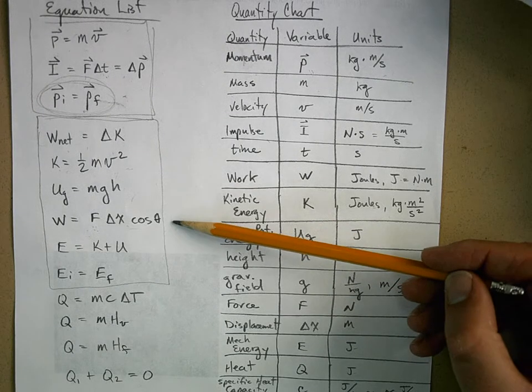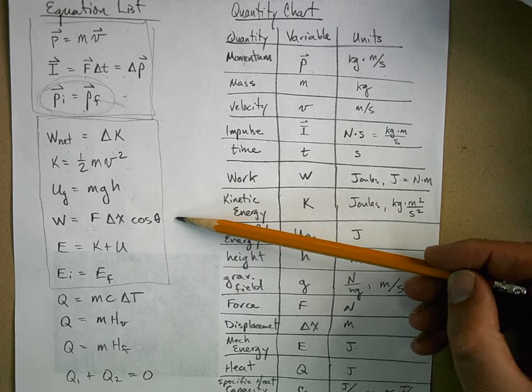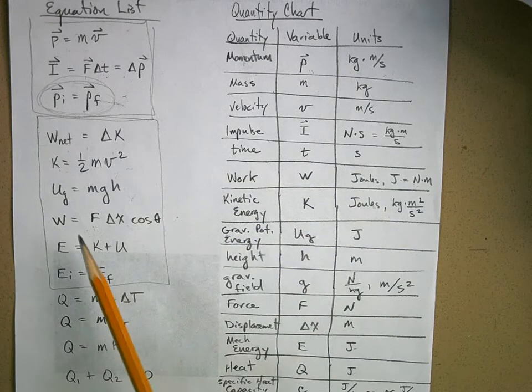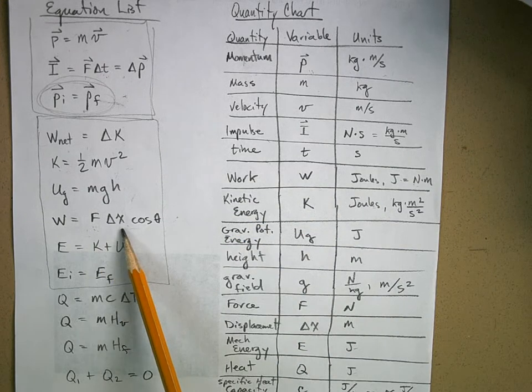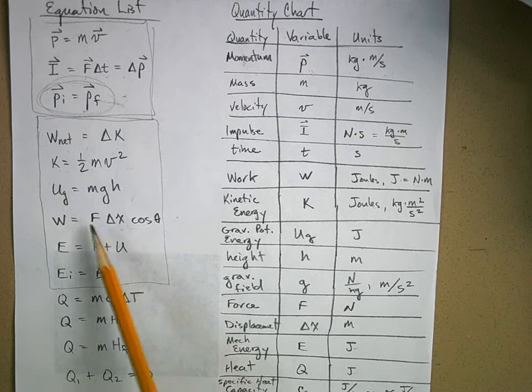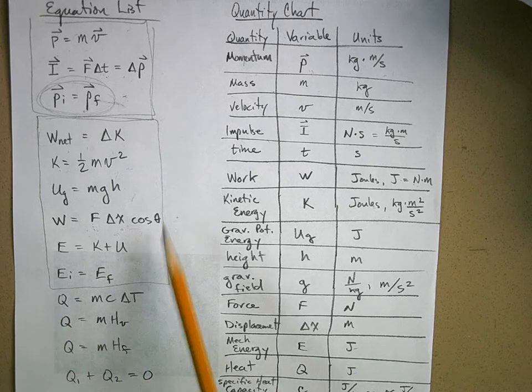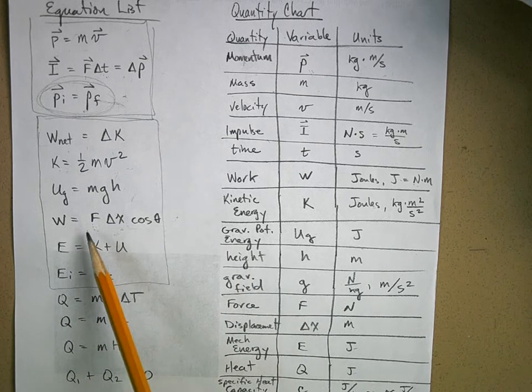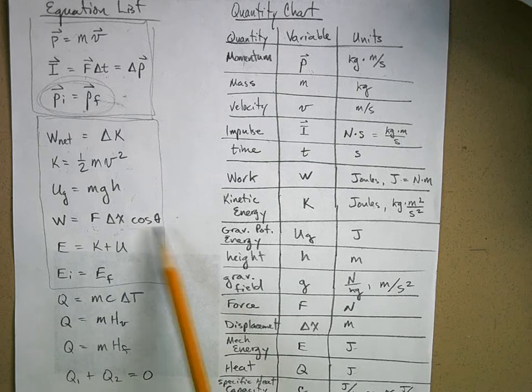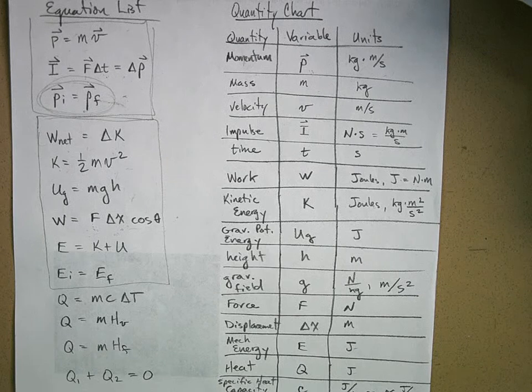Then we have the definition for work here, the equation for work. Figure out your force times your displacement, and then look at the force and the displacement and check the angle between them. There is a problem on the final that I've already written where there is an angle between them. So it's the force times the displacement times the cosine of the angle between them, and that will give you how much work is done. And work is when you exchange energy from one system into another system.